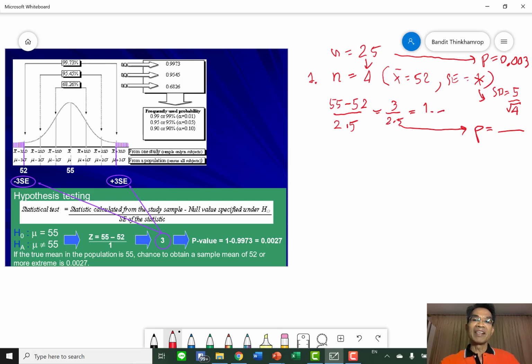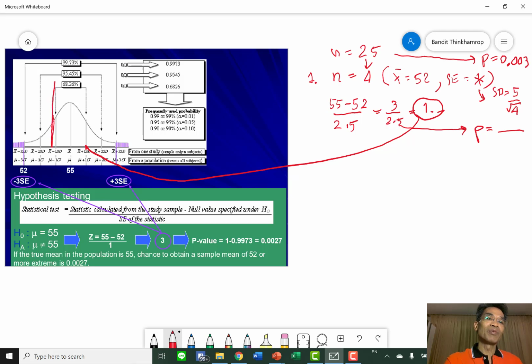If it were 1, it would be 68.26%, but 1 point something is around here. So I just make it up for a quick tour of this. It's larger than 1 a little bit, so let's say it's 70% of this area.